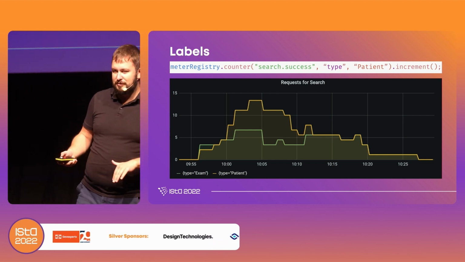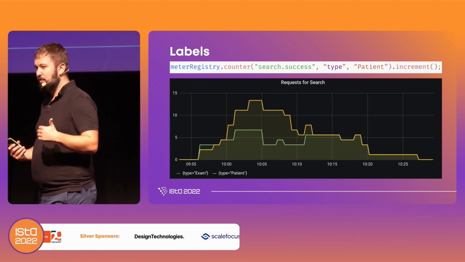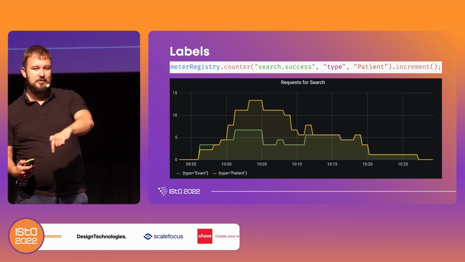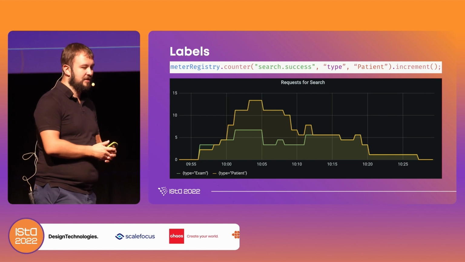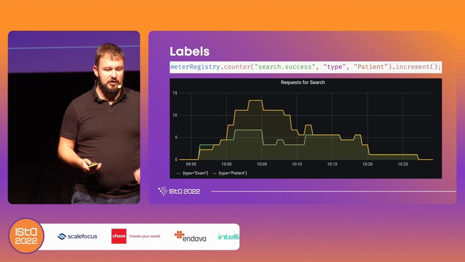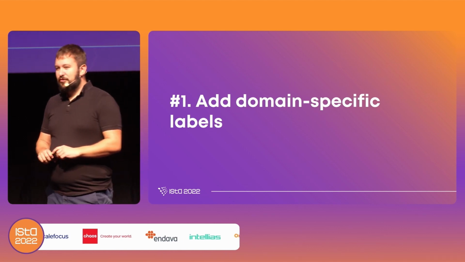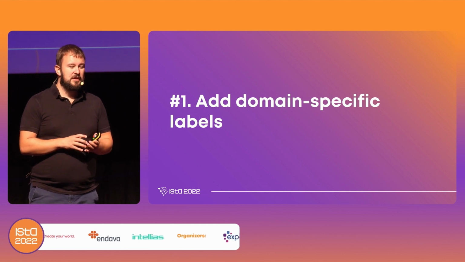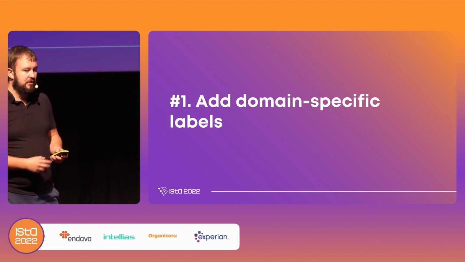And if one of those two drops to 0, you can say, okay, I have a problem with my search code. Then you can dive deeper and say, okay, it's with the code for searching this entity. And it's easier to find where the bug is. So the first tip that I have for you for today is always add domain-specific labels to your code.